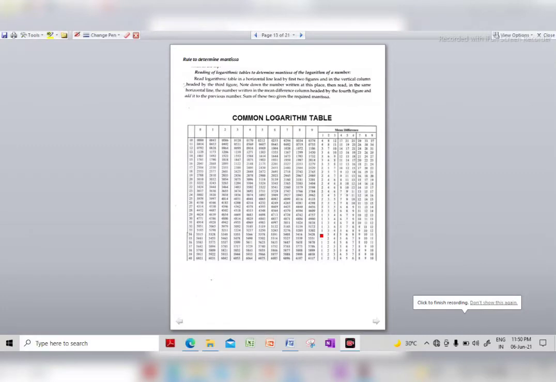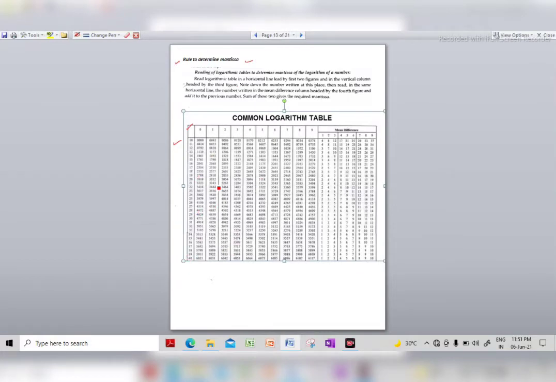Next topic, we have the rule to determine mantissa. Before explaining the rules to determine a mantissa, let me show you the logarithmic table and how it looks. As you can see here, in this first vertical column, the numbers start from 10, 11, 12, 13, 14 and so on, and it goes up to 99.